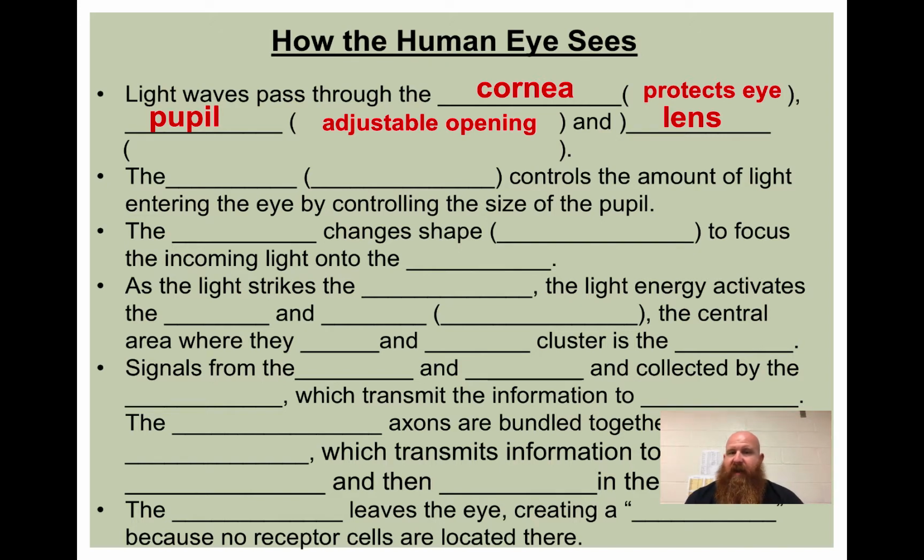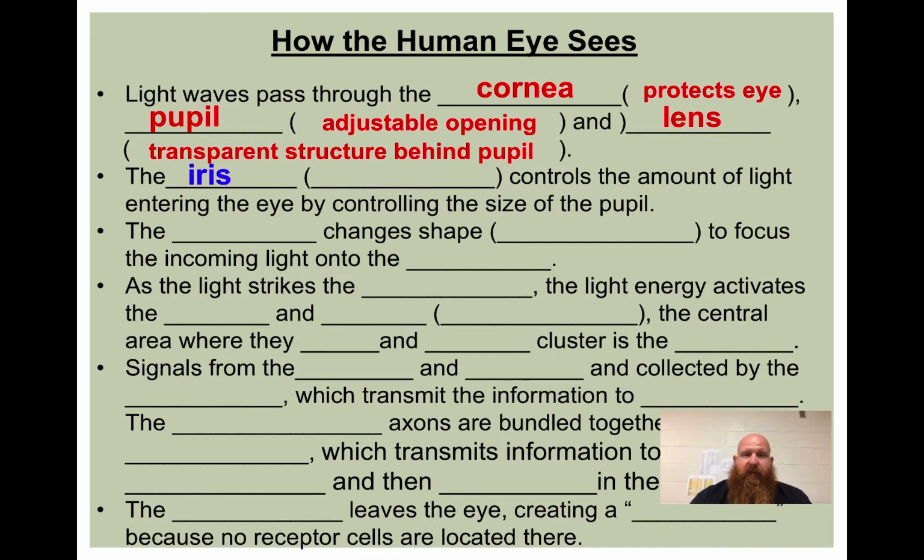Now, obviously, you don't have the iris here, which is the muscle that adjusts the opening. So maybe you could put iris under adjustable opening, just to make sure you know what it is. The iris, the colored muscle, controls the amount of light entering the eye by controlling the size of the pupil.